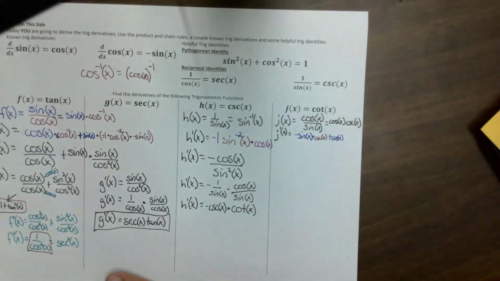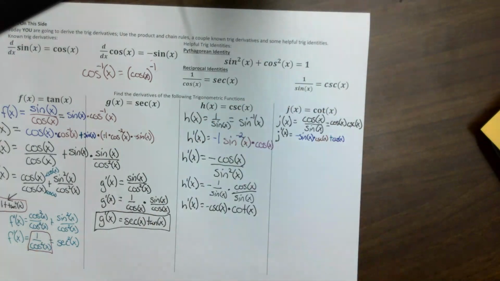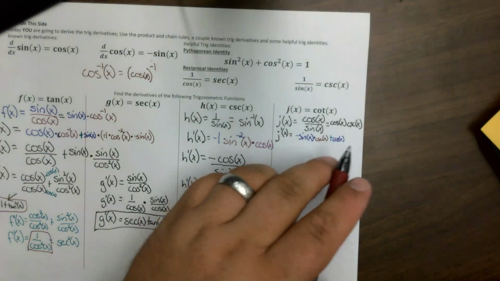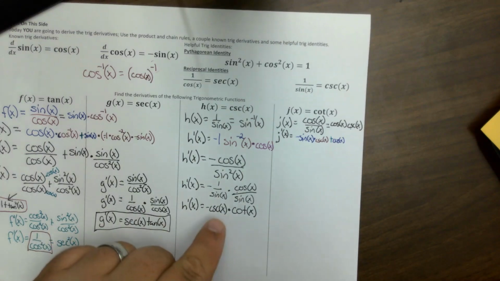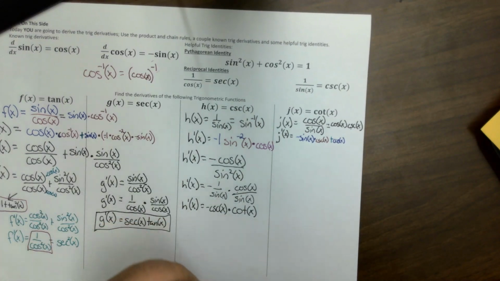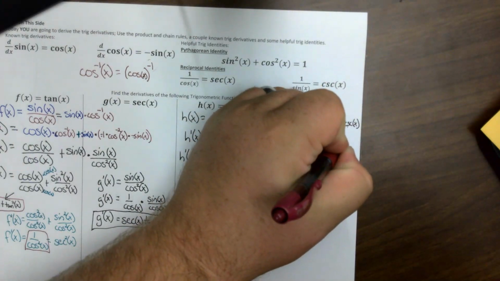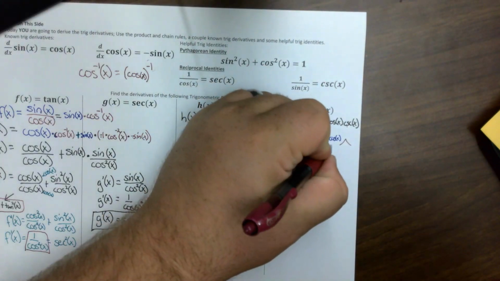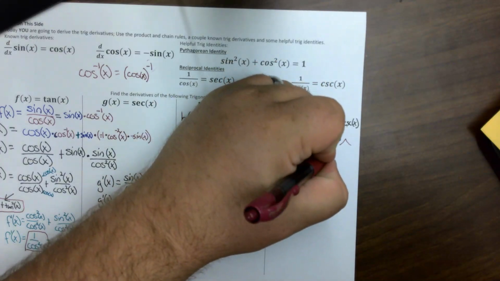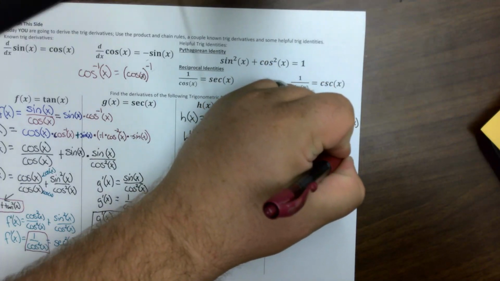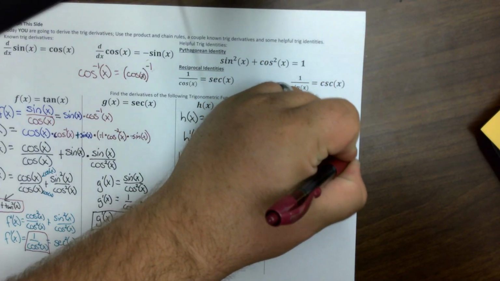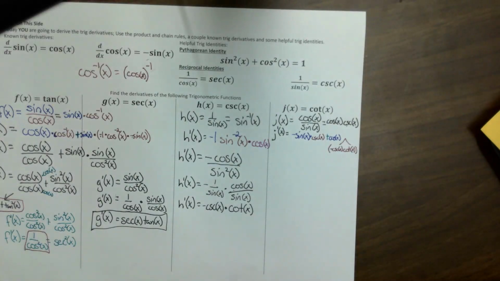And now we have to multiply by the derivative of cosecant. Funny thing, we know what the derivative of cosecant is. We just found it. There it is. It's negative cosecant times cotangent. I don't have enough space here to write that, so I'm going to write it right here. Negative cosecant cotangent. And that's the derivative of cotangent.